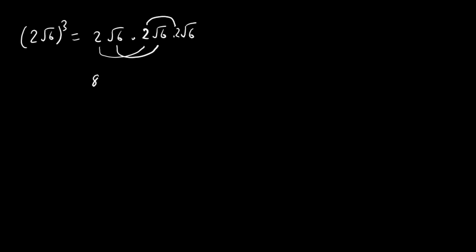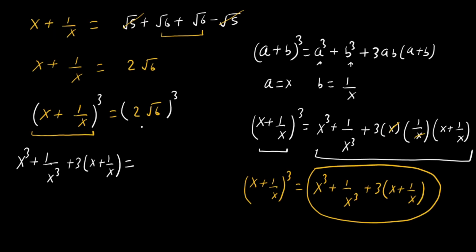Square root of 6 times square root of 6 is 6, and here is another square root of 6. So we have 8 times 6, that is 48 times square root of 6. So (2 times square root of 6) to the power 3 is 48 times square root of 6.